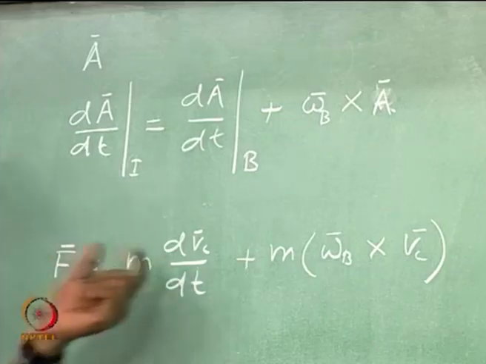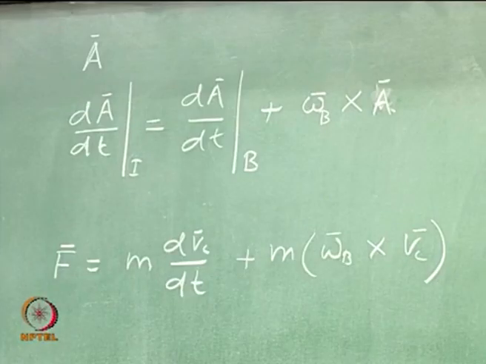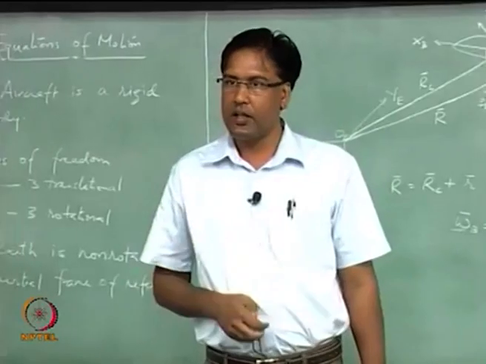What is my Vc? Vc is the velocity of the center of mass of the aircraft, right. It will have 3 components along aircraft fixed axis.